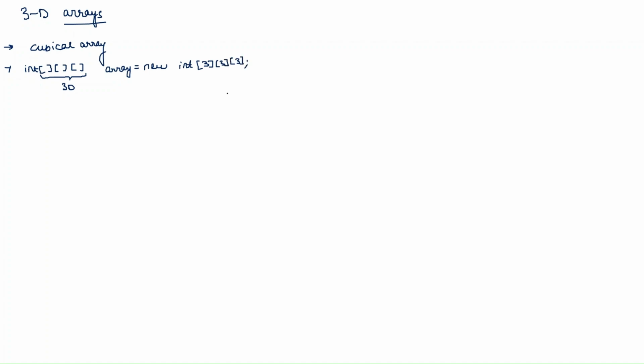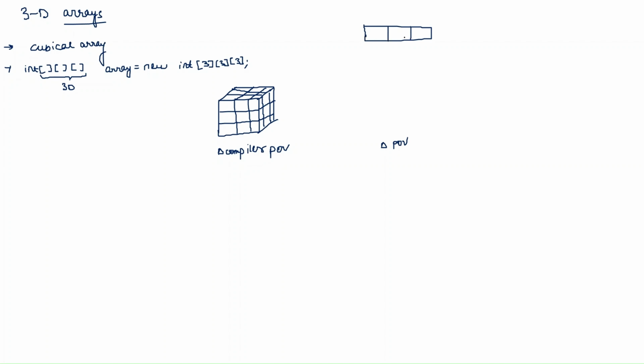So what the compiler would infer is you are creating a matrix, something like this. Each cell stores a value. But for our representation, since this is a compiler POV, we'll have to create our own POVs. So your point of view should be that there is a 1D array with the 0th, first, and second index.